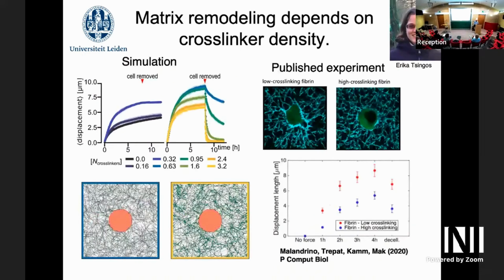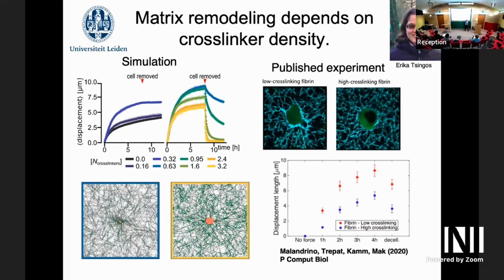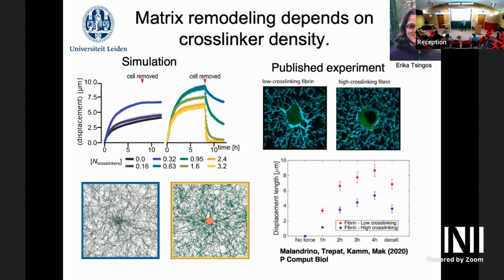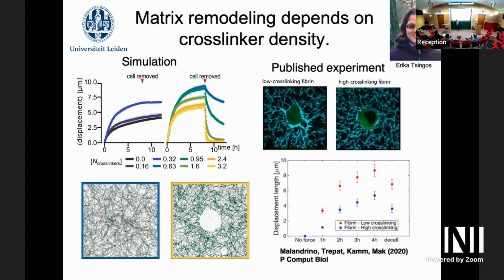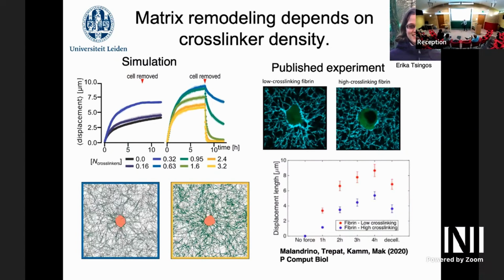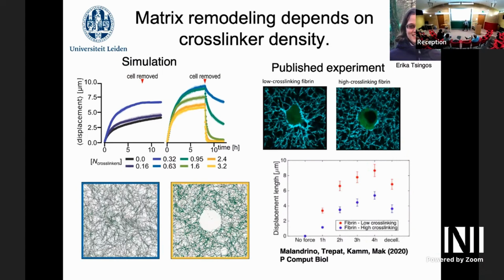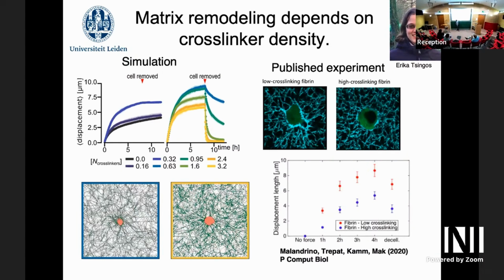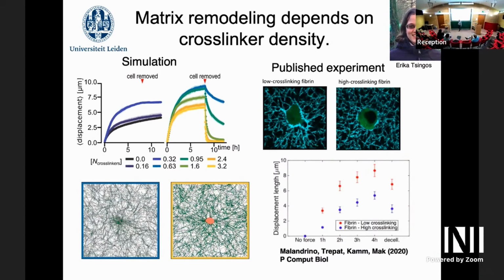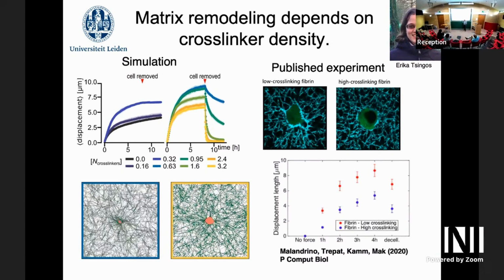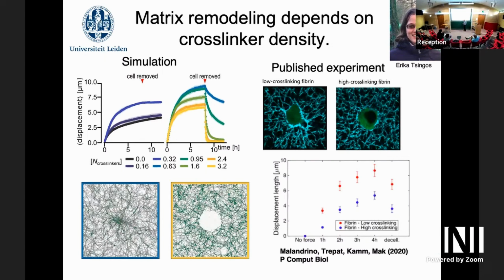Then we can also do things which are in this experimental work too: you put the cell in and then you take the cell out. If you have a loosely connected network, you put the cell in and it contracts, and you take it out, and the network won't recover. If you have a really stiff, highly percolated network, it contracts, you take the cell out, and the thing will bounce back.